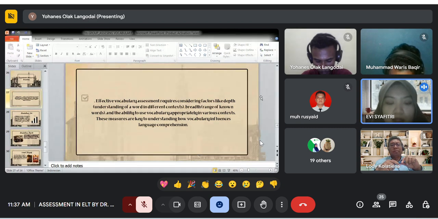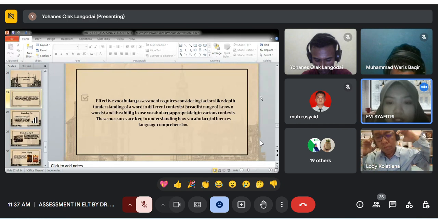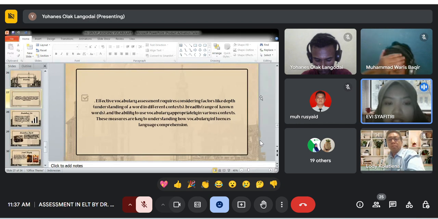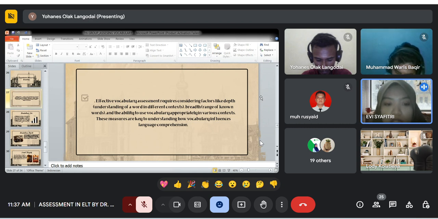So these methods can be applied within a broader assessment or used independently to focus specifically on vocabulary knowledge. For example, studies using lexical statistics on learner compositions may focus on productive vocabulary knowledge without evaluating overall writing abilities.